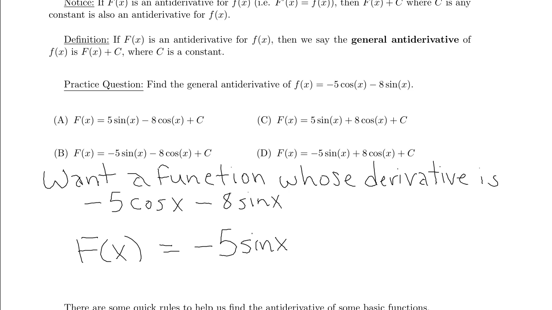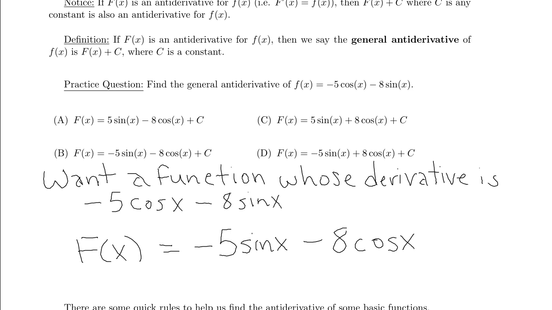So that actually means that if I put -8 cosine x here, that's not quite going to work, right? Because if you take the derivative of -8 cosine of x, you're going to get -8 times negative sine of x, which would turn into a +8 sine x. And we can see in our original function here, it's -8 sine x.